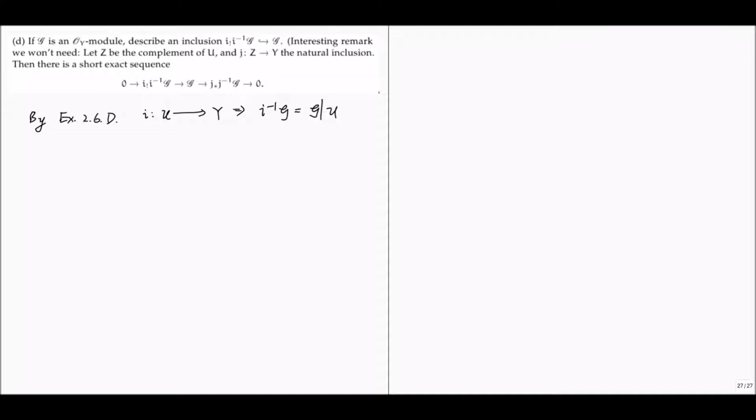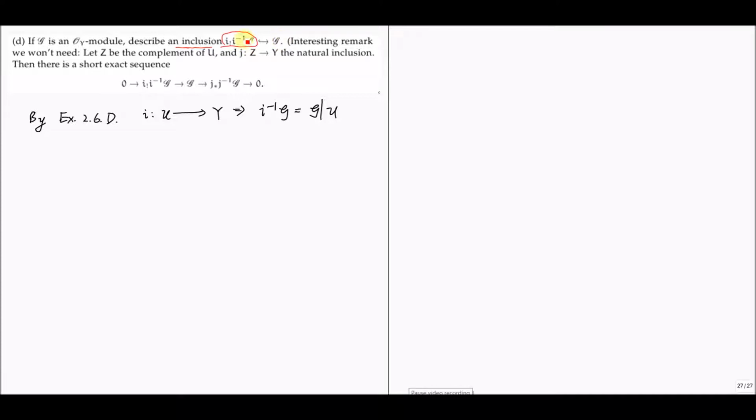And now we want to extend this by 0. We expect that this will be somehow related to G. And it turns out that there's an inclusion of this extension of the restriction into G.